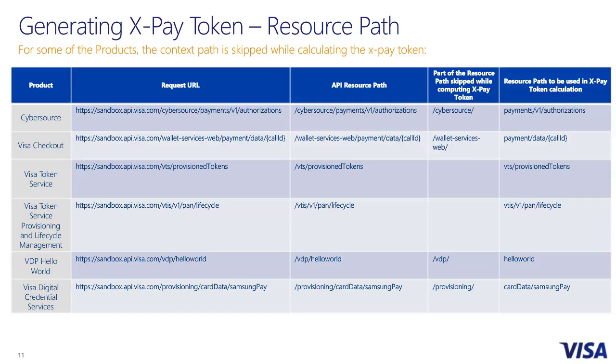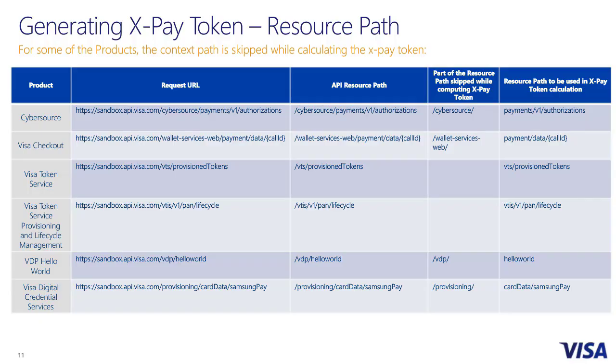And this is not the same case for all products. For instance, if you look at Visa token service, which is the third item here, you can see the endpoint is https://api.visa.com/vts/provisioned tokens.